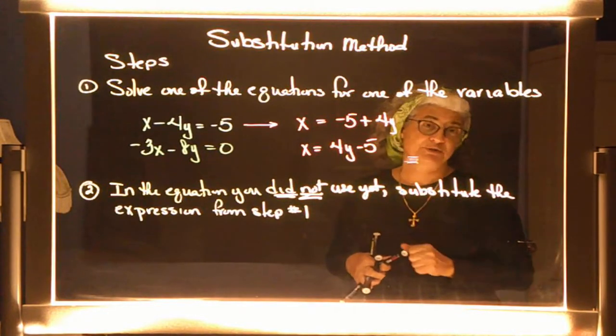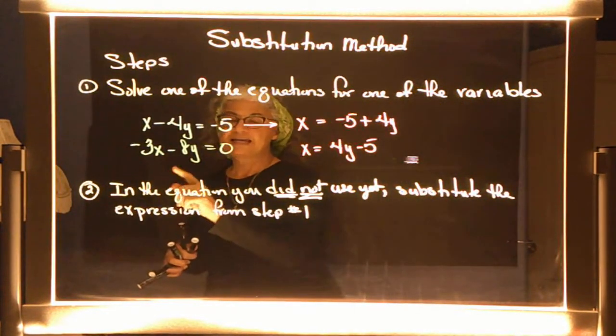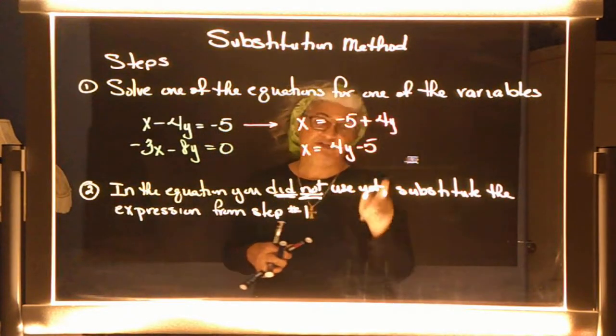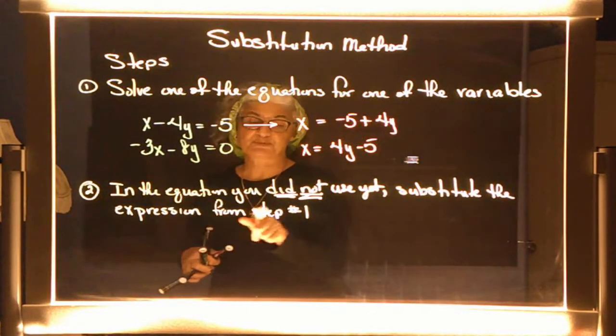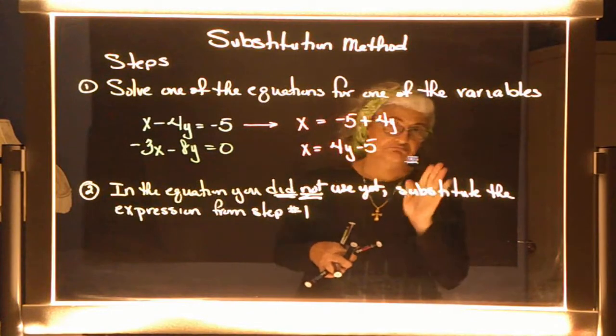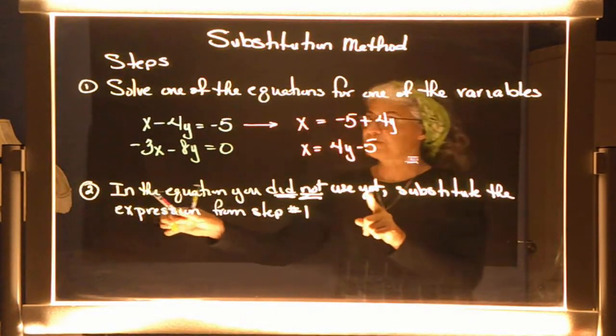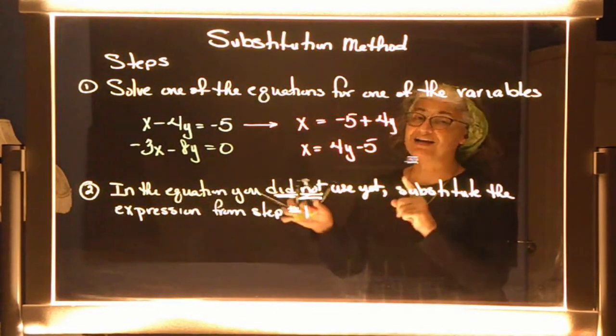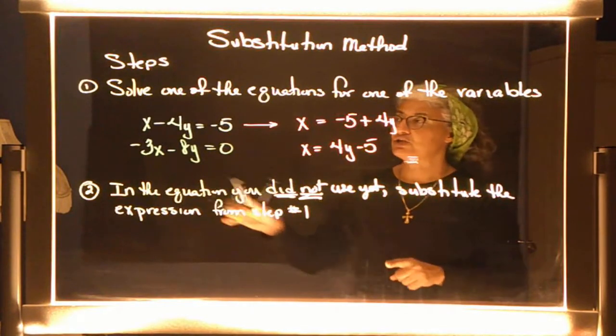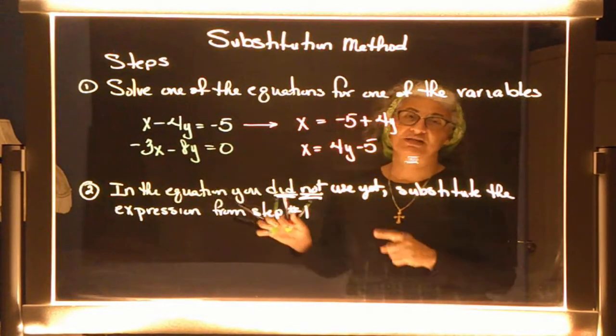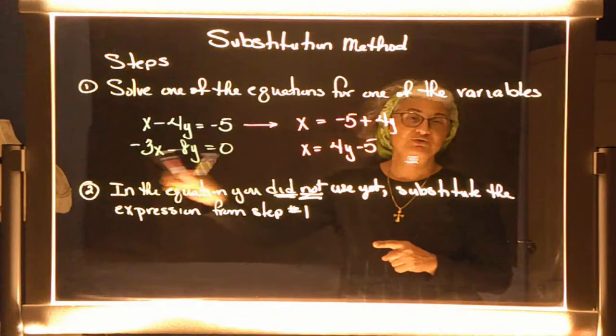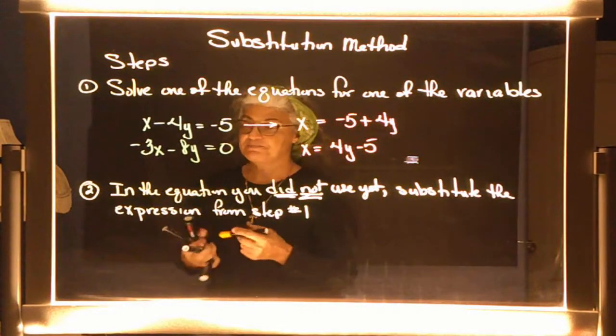Okay, let's look at step 2. In the equation you did not use yet, substitute the expression from step 1. Okay, so let's go with the first part. In the equation you did not use yet. So which equation did I not use yet? Yeah, I didn't use the second equation yet, did I?